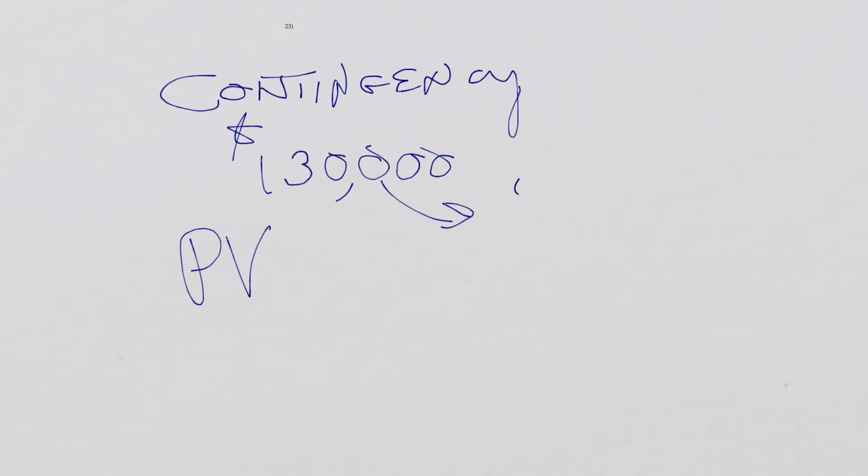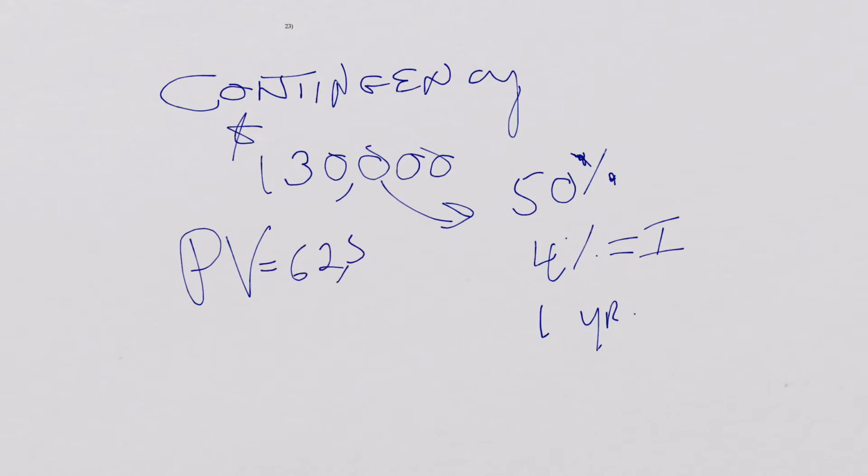Present value is based on the probability of the payment coming to fruition. That was a 50% probability that it'll be paid at a 4% interest factor, that's the I for 1 year. Using present value analysis at 50%, the present value came out to 62.5. The problem told us that, and that's great.